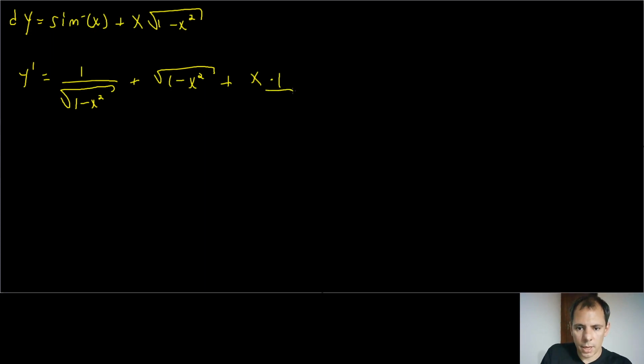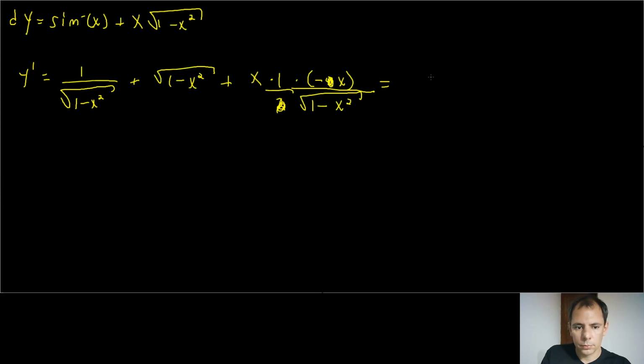It's times half, right? Times 1 minus x squared to the minus half. Or I can just put the square root of 1 minus x squared times the derivative of this, which is minus 2x. So times minus 2x. Okay, so this 2 and this 2 cancel.